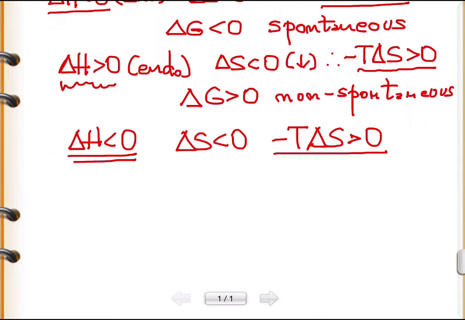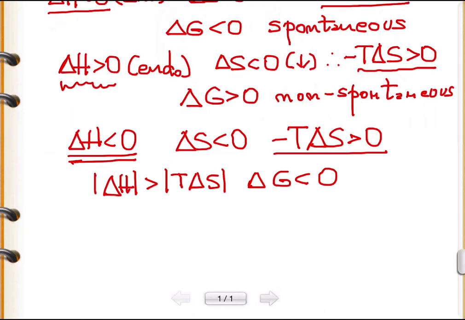So it depends on the absolute value of each term. If the absolute value of delta H is larger than the absolute value of T delta S, right? Then delta H is going to win, and delta G is going to have the same sign as delta H. In other words, it's going to be a spontaneous reaction. So this is a reaction that, although the entropy does not favor the reaction, is still going. And we discussed this in class.